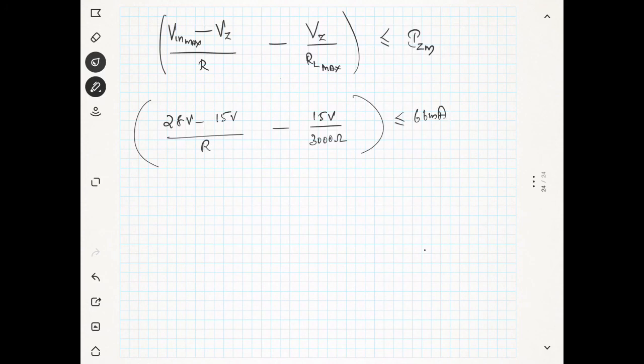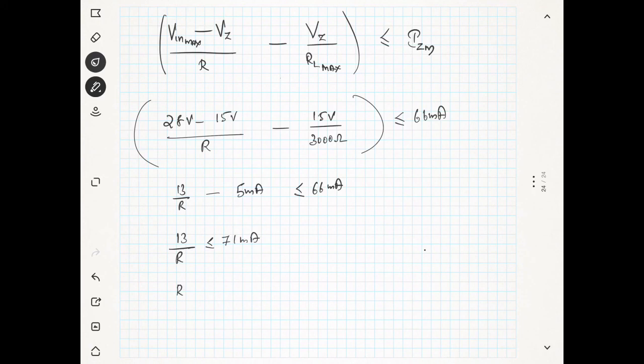Now this becomes 13 over R minus 5 milliampere, should be less than or equal to 66 milliampere. That means 13 over R should be less than or equal to 71 milliampere.